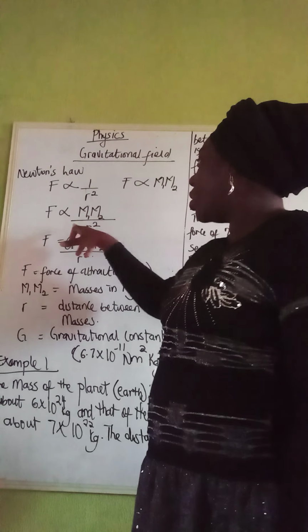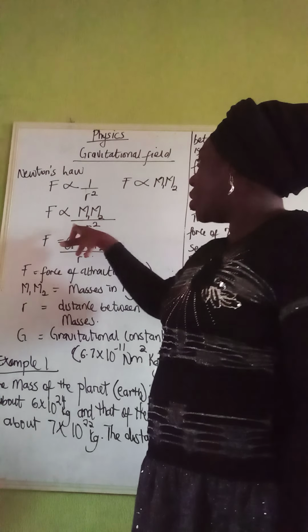Now, this G here, you're wondering, why did this G come into play? This is because we have changed our proportionality sign to an equal sign. So we have to introduce a proportionality constant. And the constant here is referred to as the gravitational constant. It's a constant given by 6.7 times 10 raised to power minus 11.